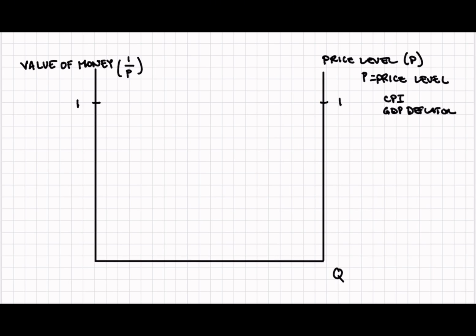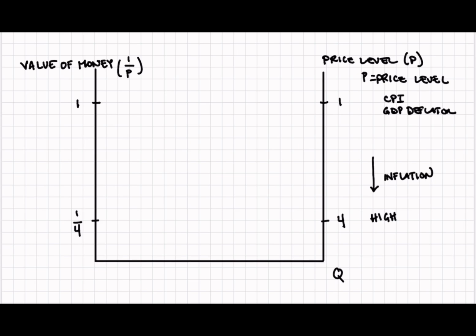But if the price level jumps up to 4, then the value of money is going to be 1 over 4. And so when we move in this direction, where the price level is high, we might call this inflation. So that's how we're going to set up our graph.